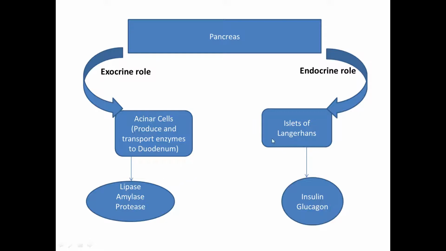Whereas the islets of Langerhans are responsible for insulin and glucagon production, which stream directly into the bloodstream.